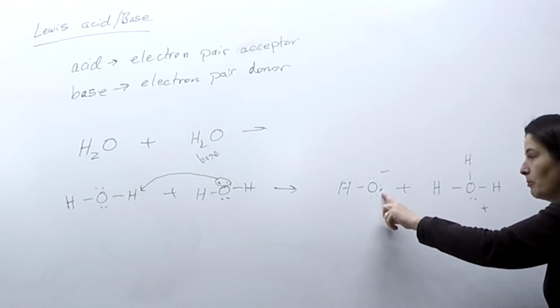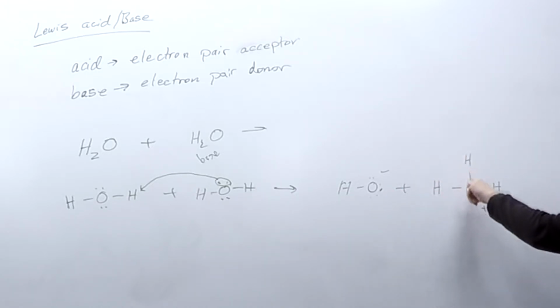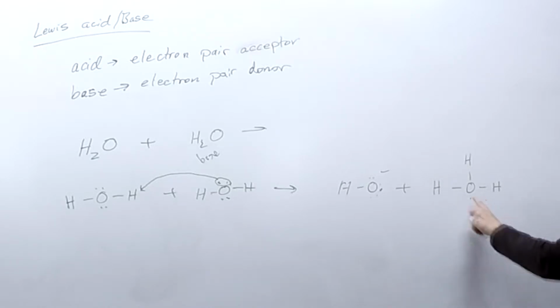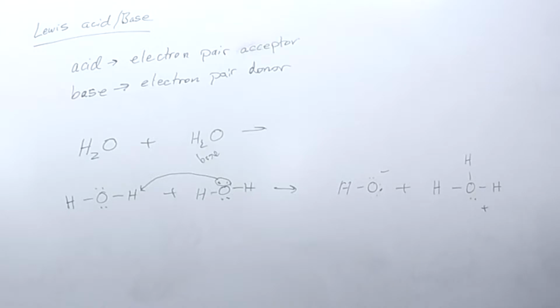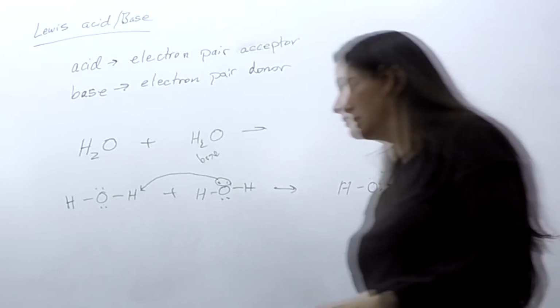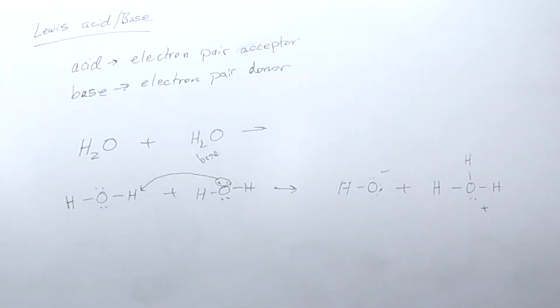So here's a lone pair, and here's your hydrogen where the lone pair used to be. Right? So now it's moved, and so you end up with, again, this is a hydronium ion, and this is a hydroxide ion. Right? Yeah, those are the definitions. All right.